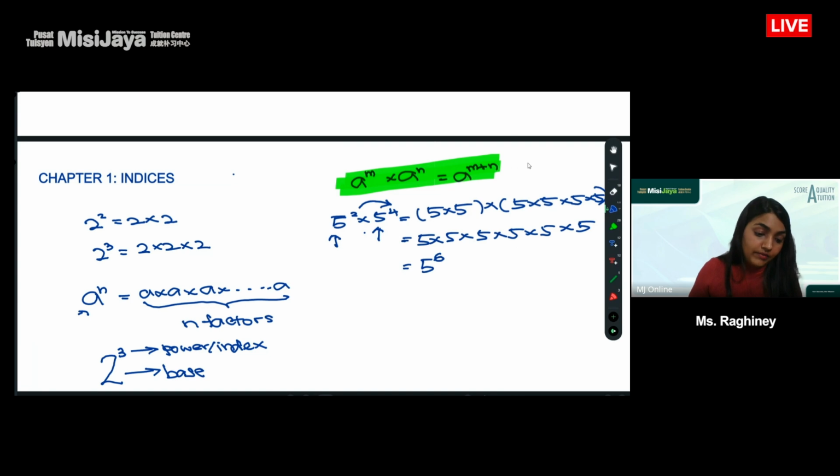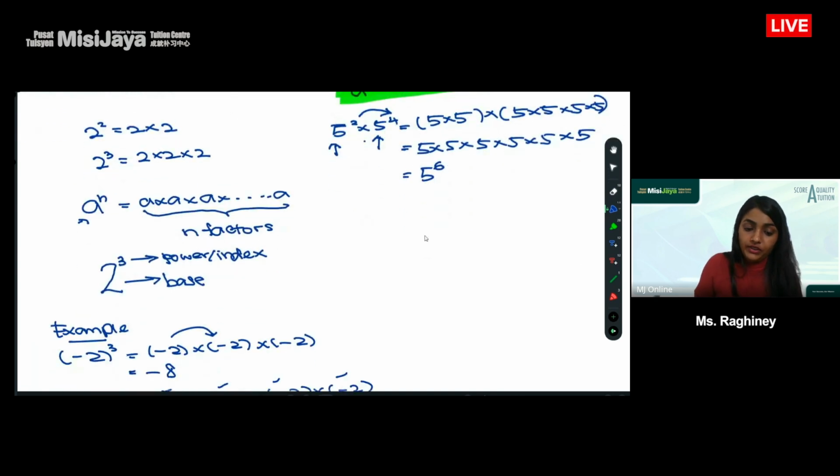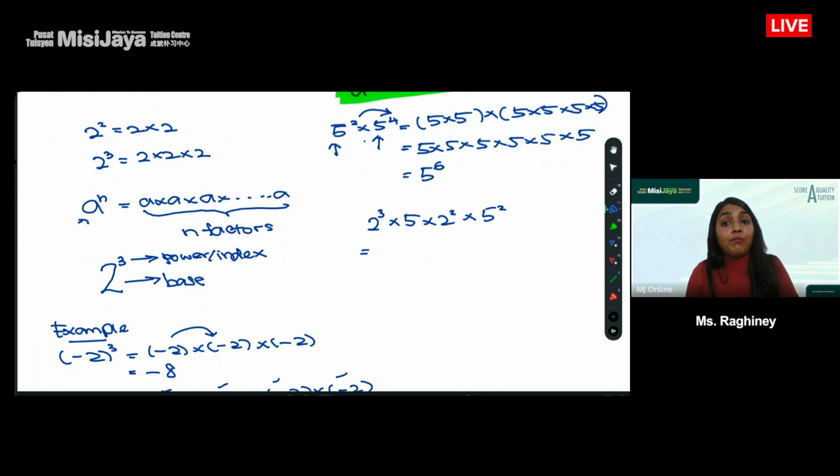Now let's see the next one, the example that's given over there. How do we deal with this situation? 2 to the power of 3 times 5 times 2 to the power of 2 times 5 to the power of 2. We don't have the same base anymore. Some of them the base is 2, some of them the base is 5. So in this case, we have to group them up.